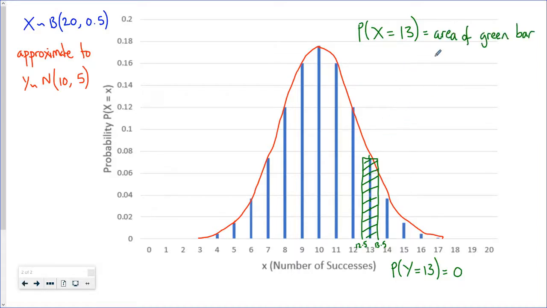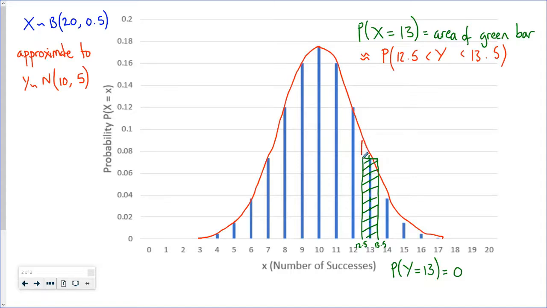So the problem then becomes, how do we use this red curve to estimate the area of this green bar? So what we're going to say is that this is approximately equal to the probability of y being less than 13.5 but greater than 12.5, so between 12.5 and 13.5. And remember, to work out this probability, we'd work out the area underneath the normal curve between 12.5 and 13.5.